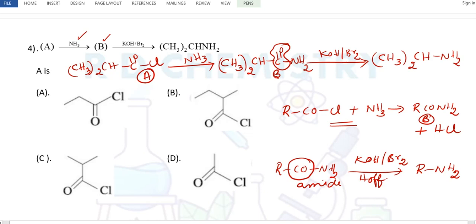Compound A has C double bond O, then Cl, attached to CH, then attached to CH3 and CH3. This should be the compound like this. Okay. Right? Can you identify the option number? Option number is which one? C is the answer. Right? Yeah.